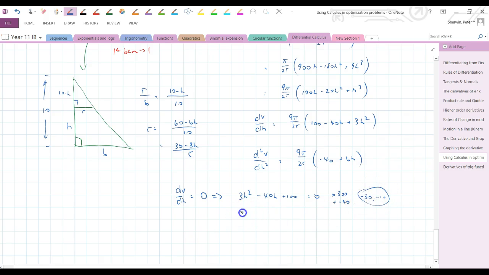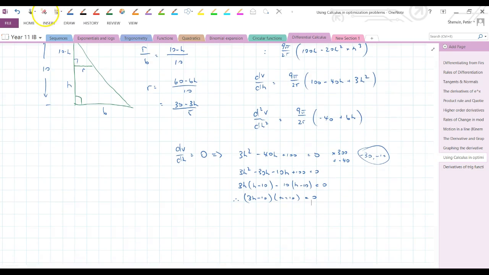So I can write this as 3h squared minus 30h minus 10h plus 100, which goes 3h, h minus 10, minus 10, h minus 10 is equal to 0. So therefore 3h minus 10, h minus 10 is equal to 0. So my solutions are h is equal to 10 thirds or 10.